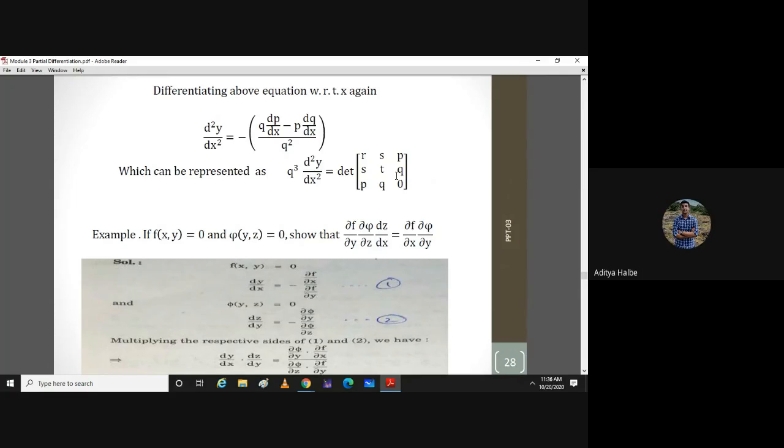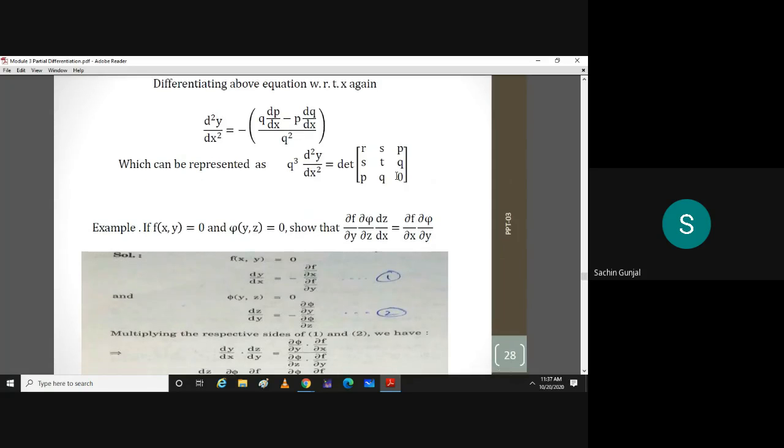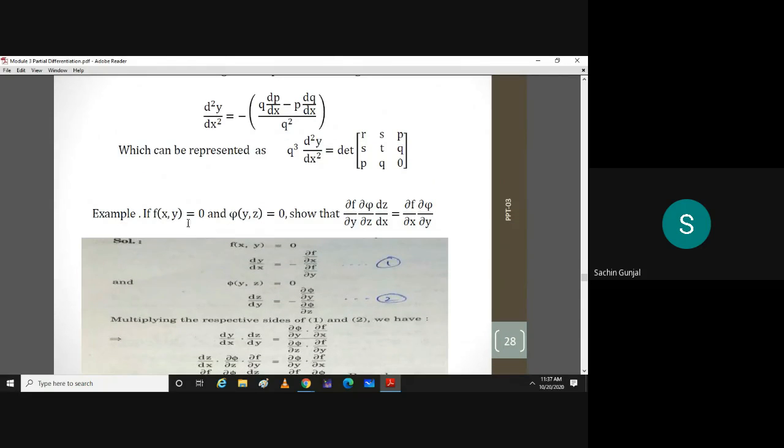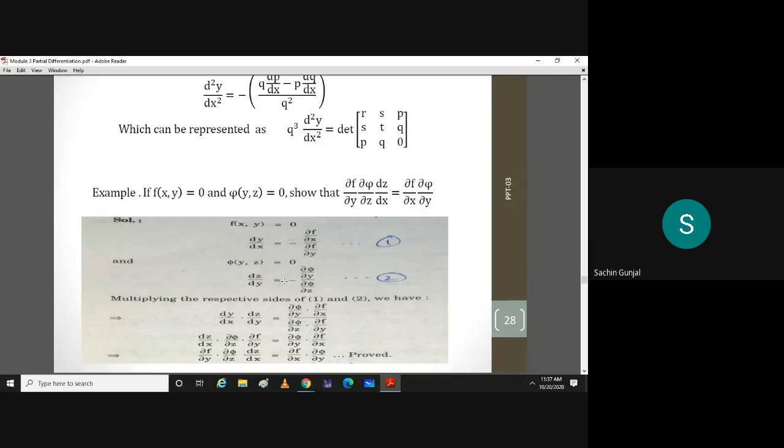Sir, we don't have to copy the solution below, right? Don't copy it. I'll leave this problem to you. If f of xy equal to 0, and phi of yz equal to 0, then show that this. It is simply finding dy by dx and dz by dy and multiplying them, and you will get the required thing. This is not that important, so I'll leave this to you.